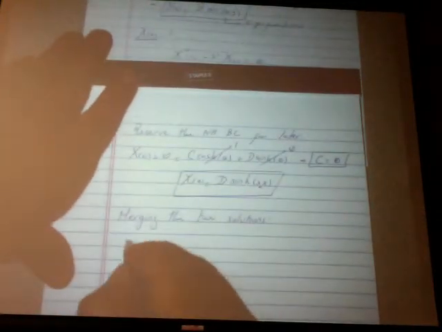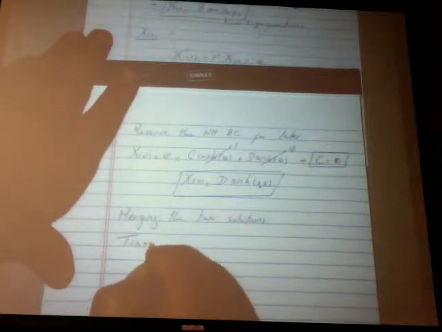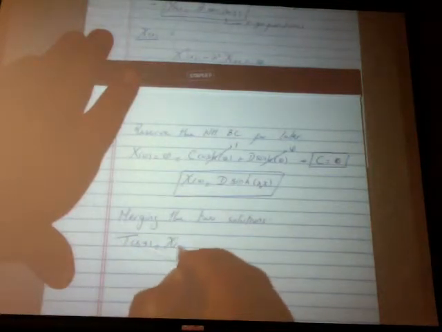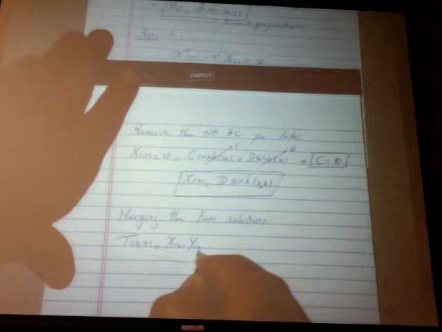All right, now we're ready to merge the two solutions. Now we're left with two constants of integration. One is b here on the y solution, and the other one is d here on the x solution. But recall that when you merge the two solutions, T of x and y is equal to X of x times Y of y.